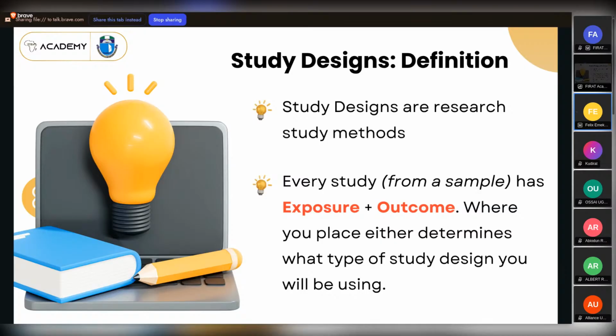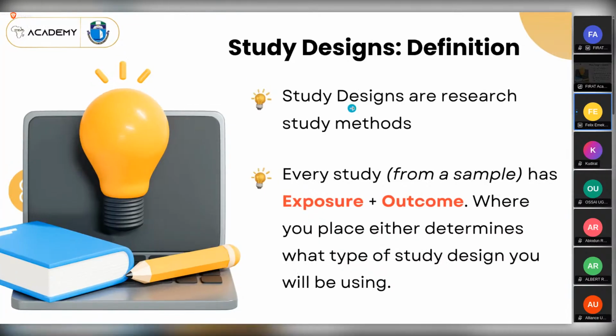Majority of the studies we do in the health field, in epidemiology and some other fields, look at an outcome caused by an exposure. For example, in a study on noise-induced hearing loss, the exposure would be excess exposure to damaging sound pressure levels, above the WHO recommended level of 85 decibels, for a longer duration of time. All right?